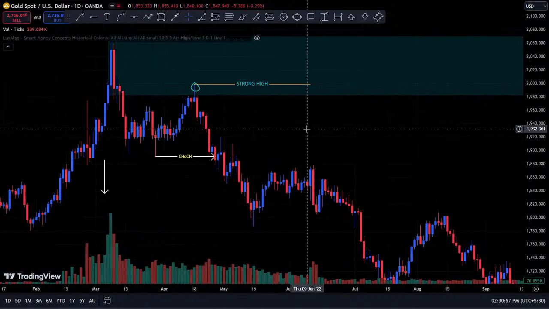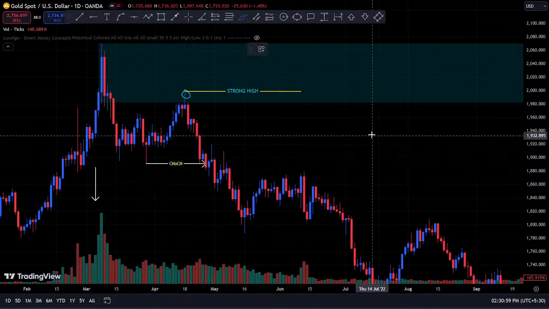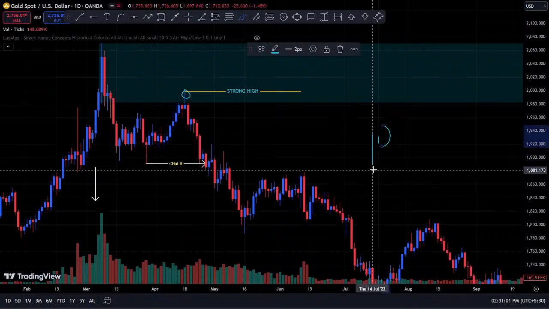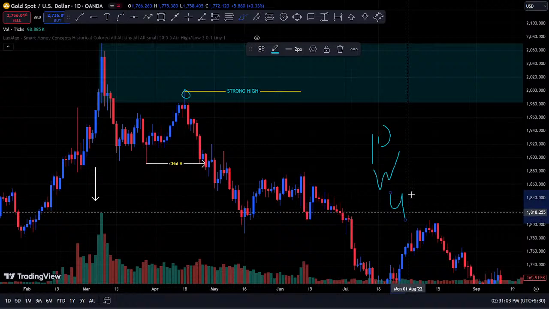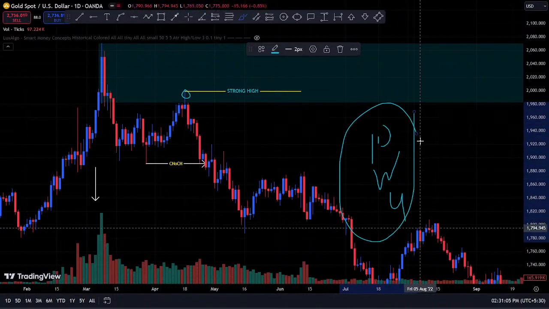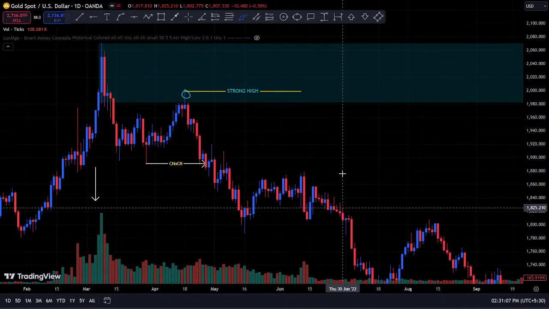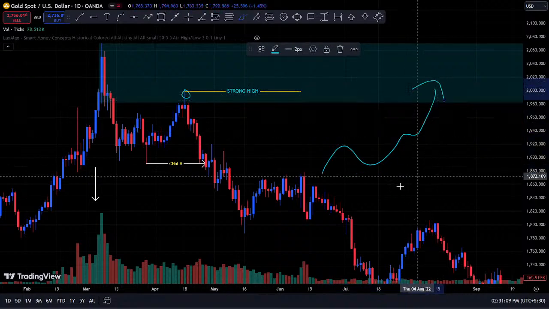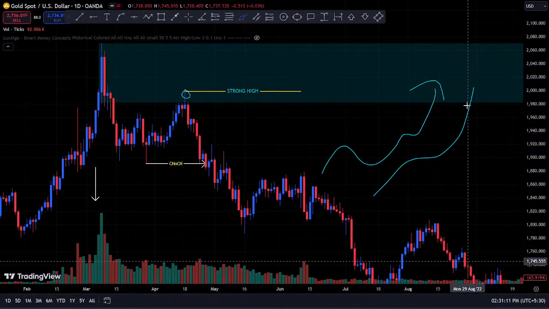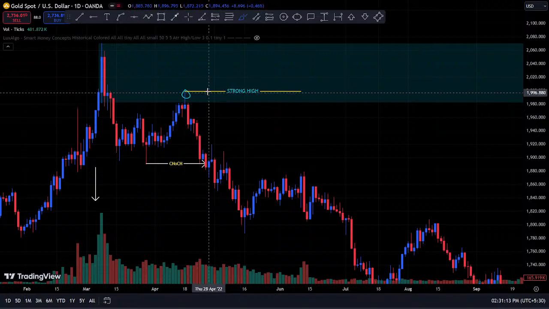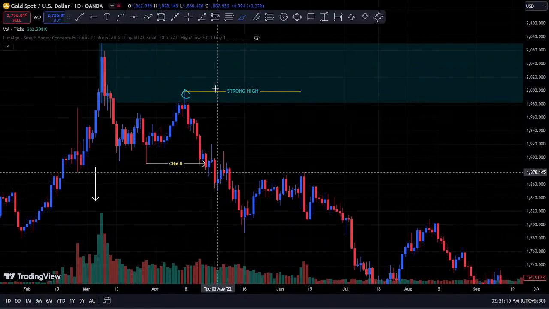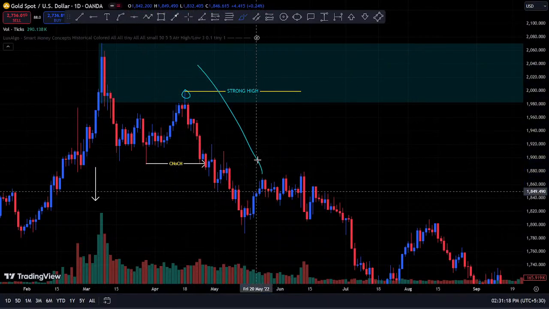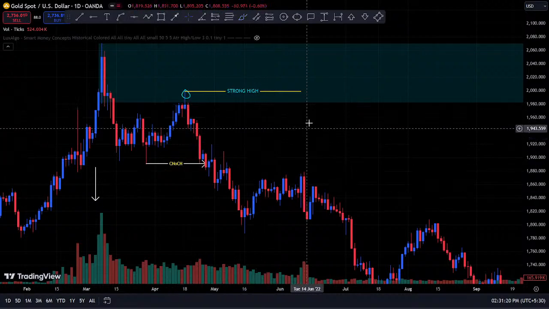In the daily time frame, the weekly time frame and the 4 hour time frame, these are the higher time frames. The higher the time frame, the better the confirmations are. If in the higher time frame the price is showing signs of bearishness, that indicates that more sellers are there in the market.